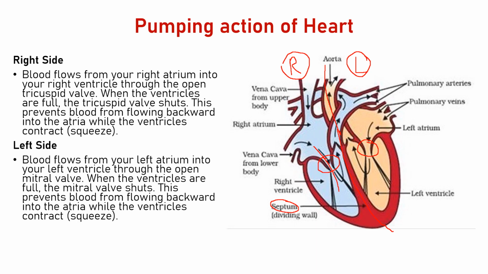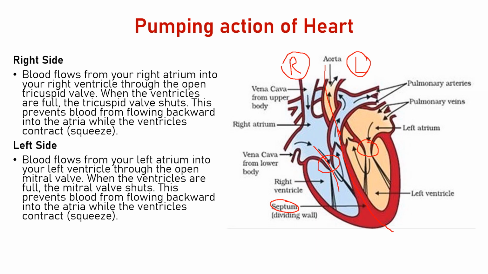Is it fine? Okay, and these valves are kept at their places by muscles called chordae tendineae. These muscles are chordae tendineae, which help to keep valves at their position, right? Why?